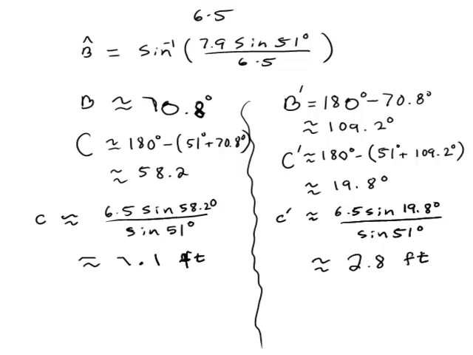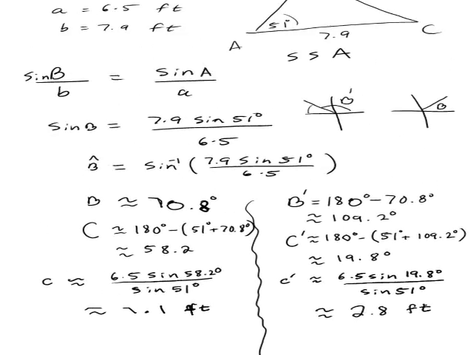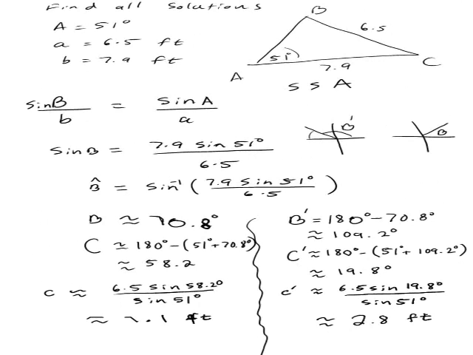If I look at the A, B, and C, not the primes, the biggest angle was which one? B, right? Angle B. Was B the largest side? So looking at all the possible sides, yes, B was the largest side. The middle angle was C, and was C the middle side? Yes, C was the middle side, and so A was the smallest angle, and so A is the smallest side.